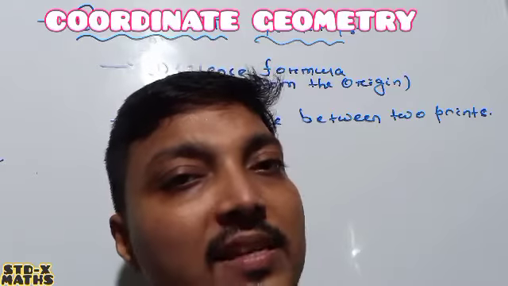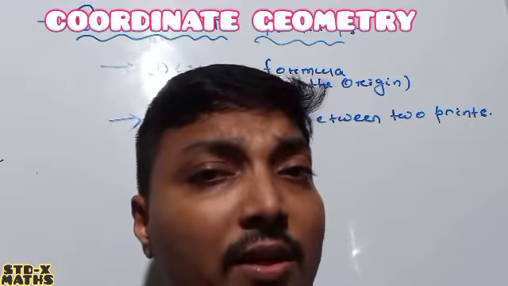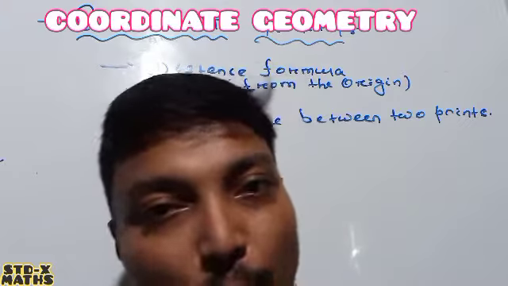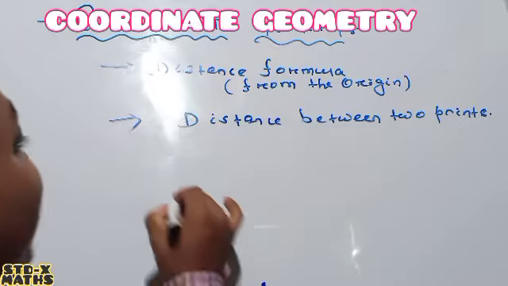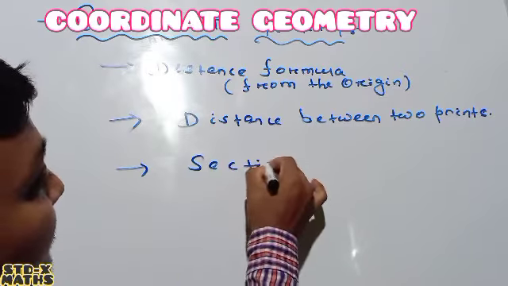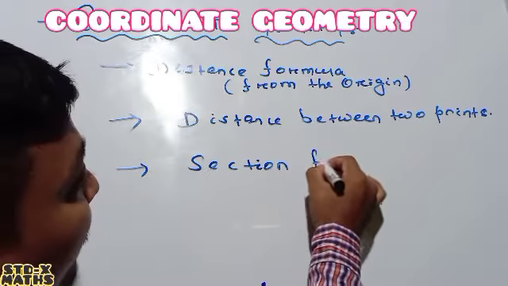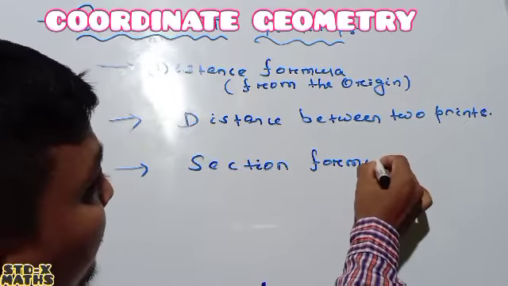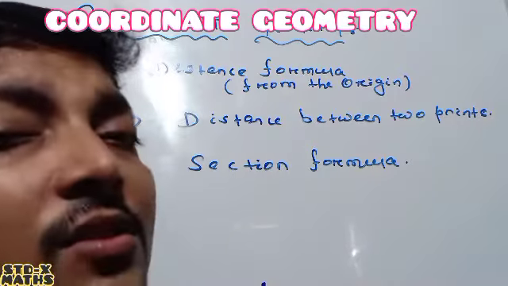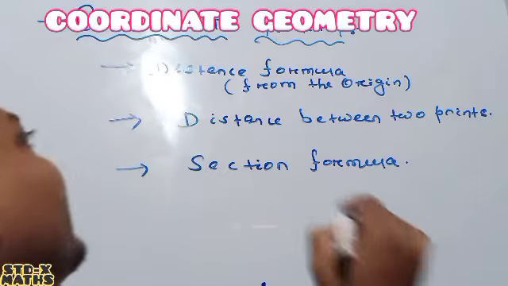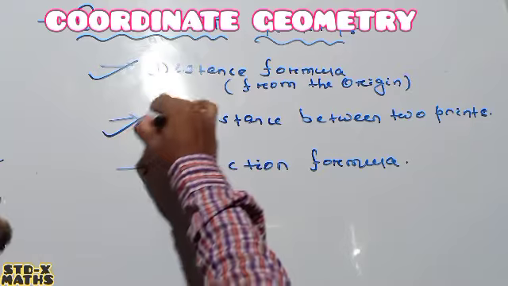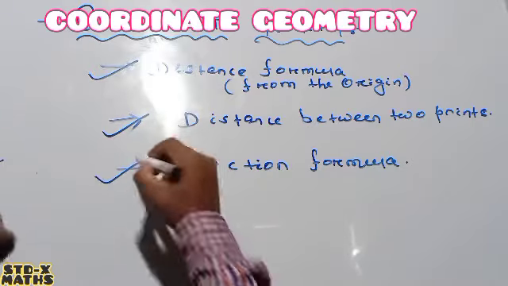First, how to find the distance of a point from the origin, then the distance between 2 points, and last, the section formula. So one by one we will discuss these things.